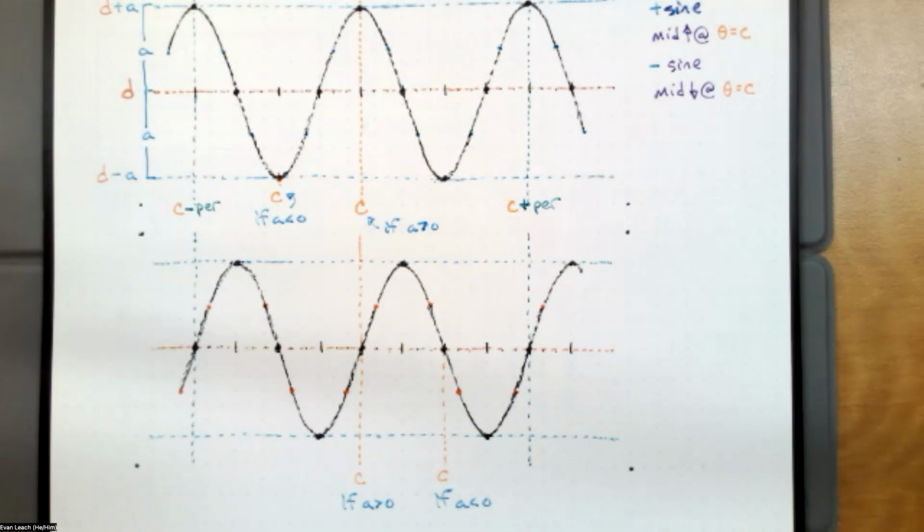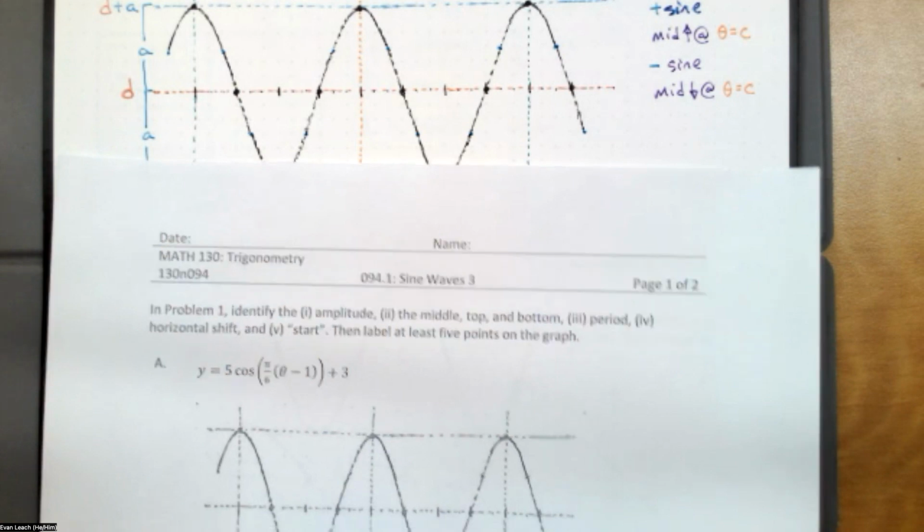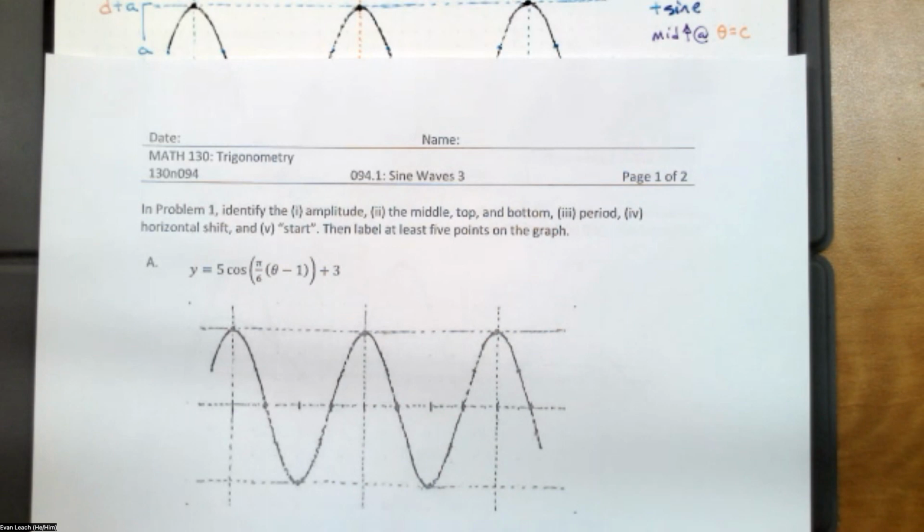When we are learning a thing in math, we have to learn it backwards and forwards. So in problem 1, I have given you an equation, a function. I've asked you to identify things, and then I ask you to label a bunch of points. I've already drawn the skeleton of it. You just have to locate where this graph is.